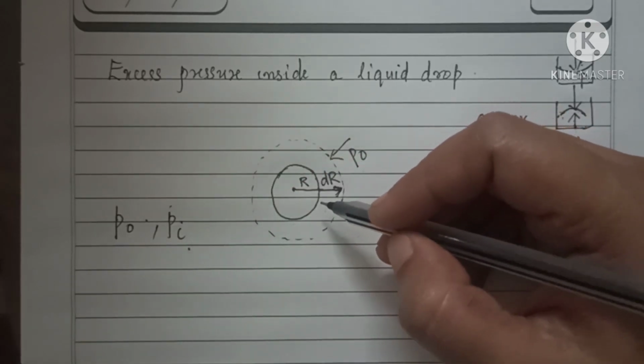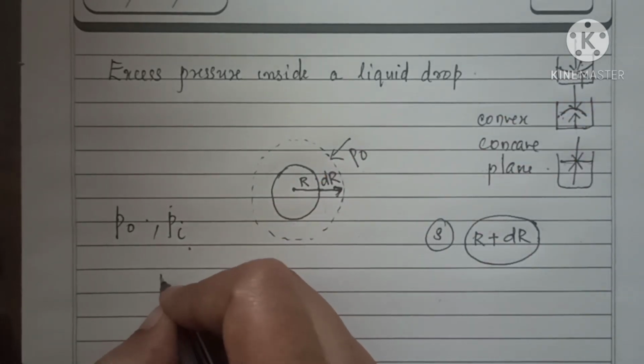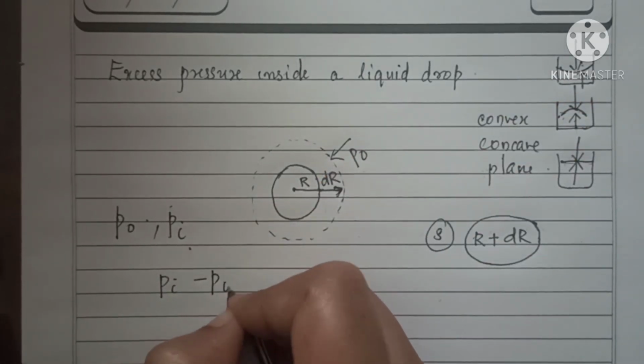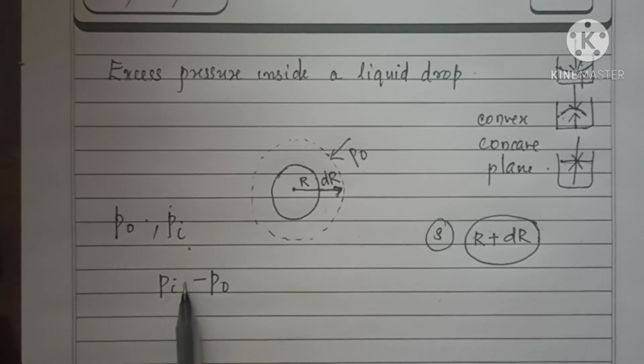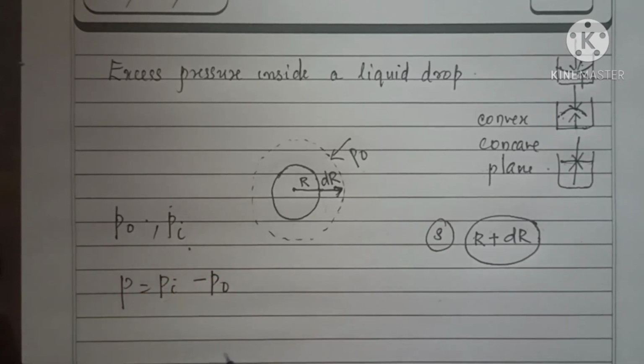But there is an excess pressure. How can you find the excess pressure? Excess pressure is Pi minus Po. This total pressure includes the excess pressure also. So to find the excess pressure, you subtract like this, that is Pi minus Po. Is that clear? Yes.